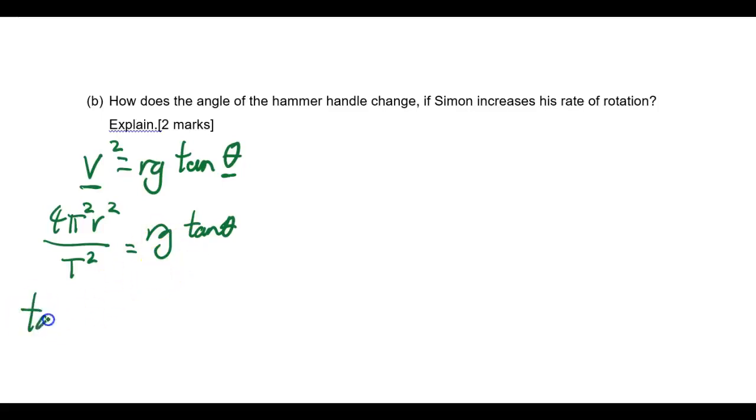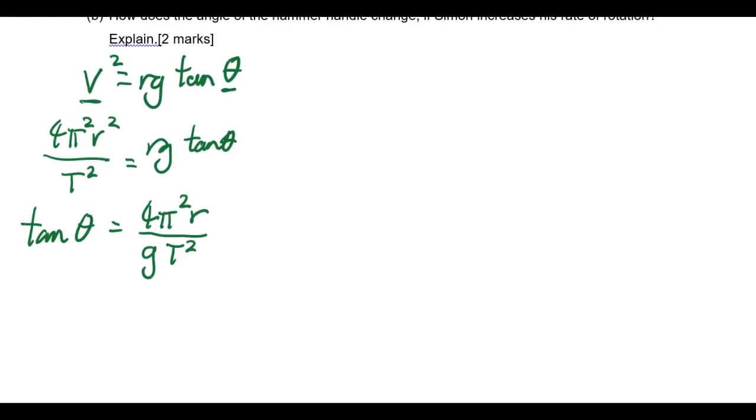My tangent theta is equal to 4 pi squared r, I can cancel off one power of r, over g T squared. Perhaps I don't want it in this form. I want to make T squared the subject. I can redo this, just a simple step.